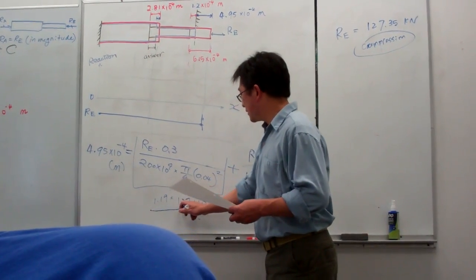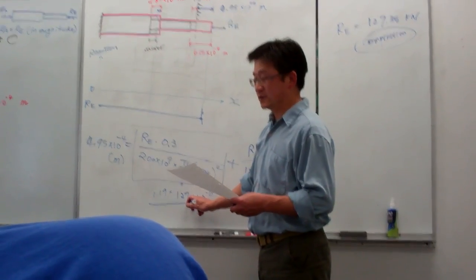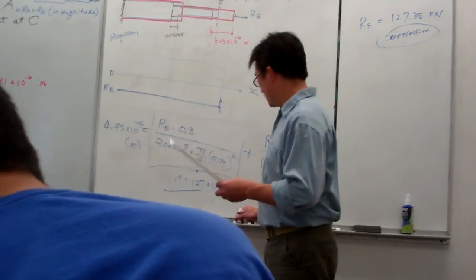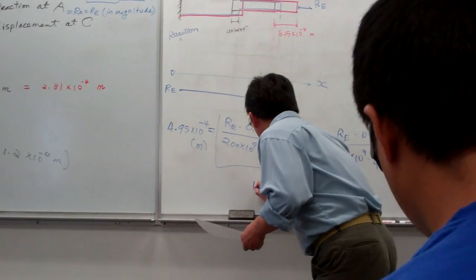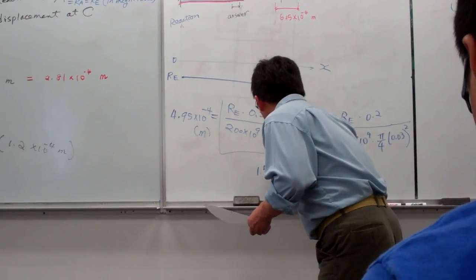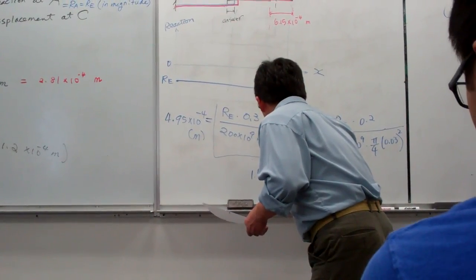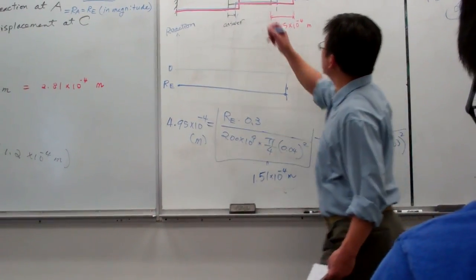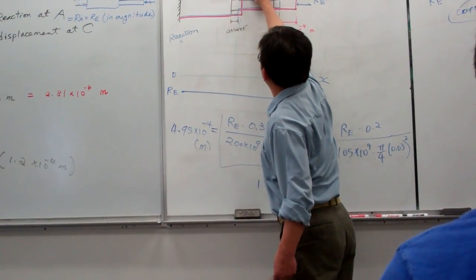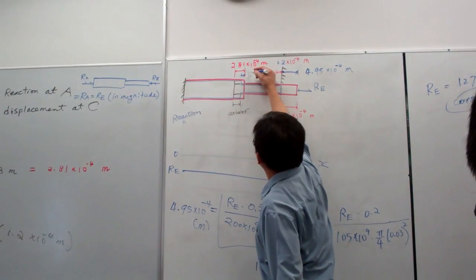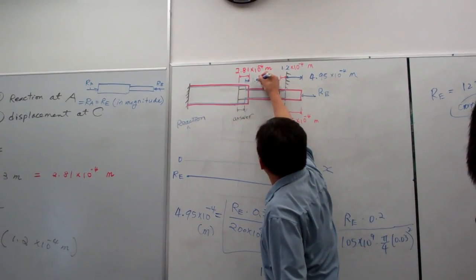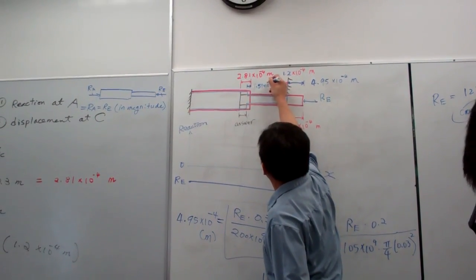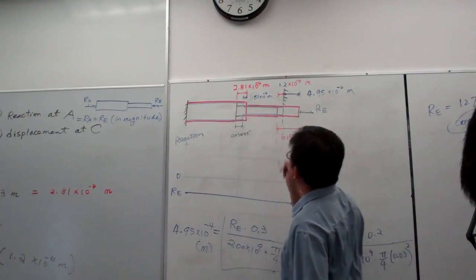Why don't you just calculate this one for me, then I will put the numbers here. 1.51 times 10 to the minus 4. Thank you. Okay, so this blue one is 1.51 times 10 to the minus 4 meter.